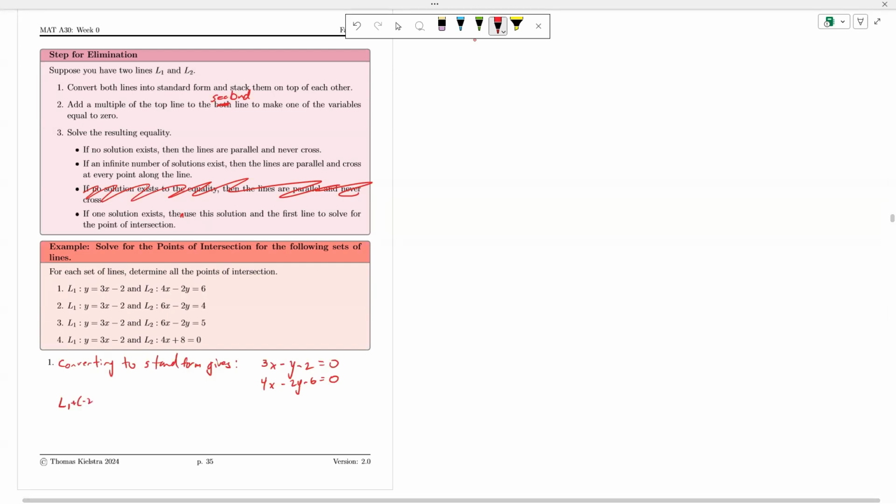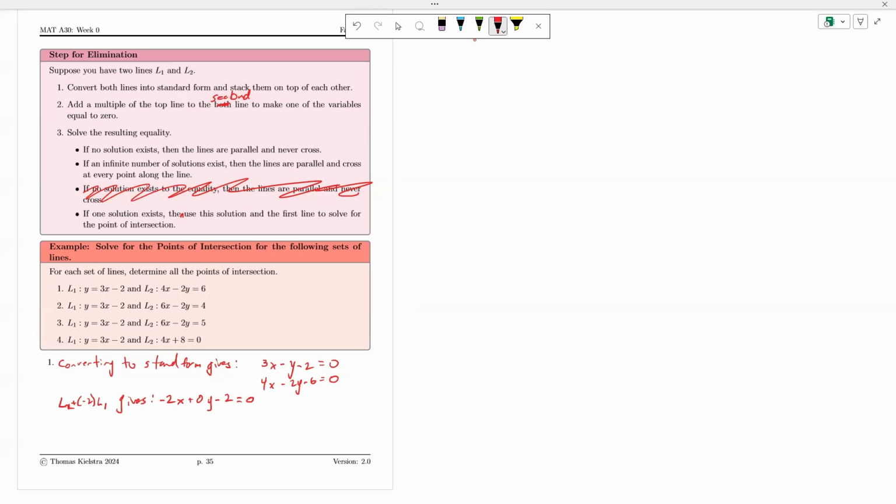L2 plus negative 2 L1 gives the expression minus 2x plus 0y minus 2 equals 0. And I've eliminated the y here.